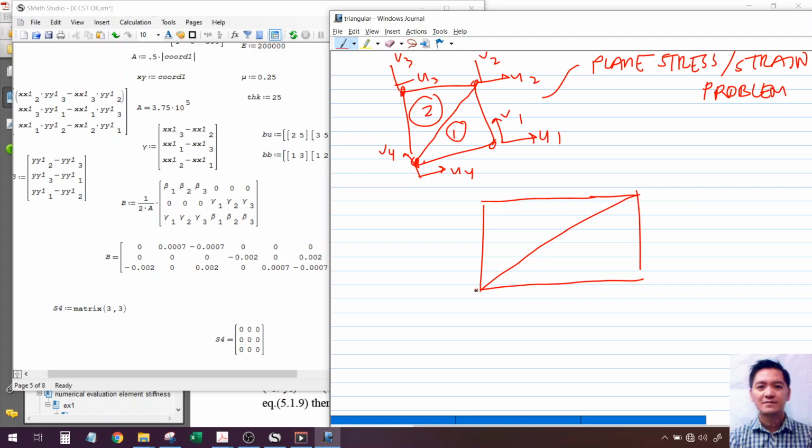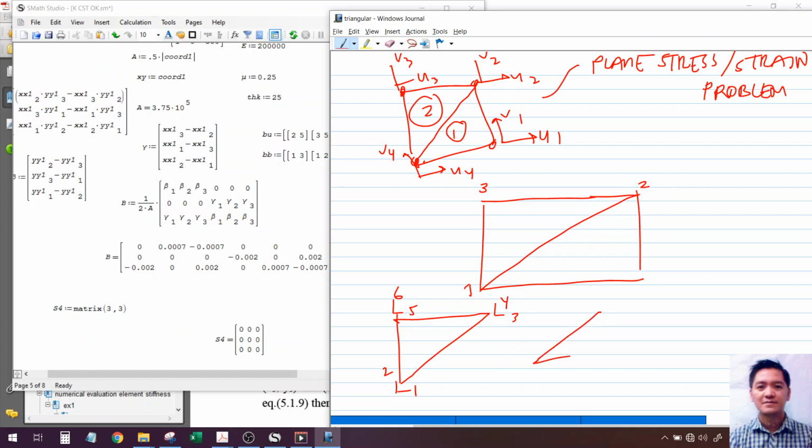I set this as node 1, my node 2, my node 3 for element 1. Therefore, kung i-extract ko ito, this becomes degrees of freedom 1. This is degrees of freedom 2, 3, 4, 5, 6.